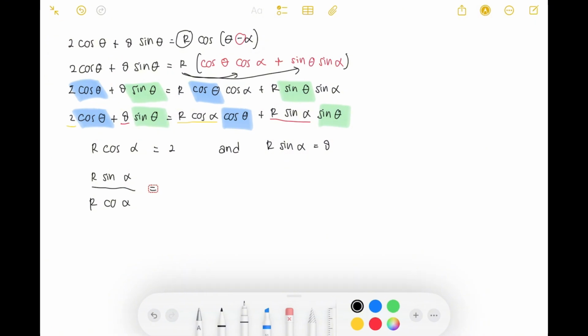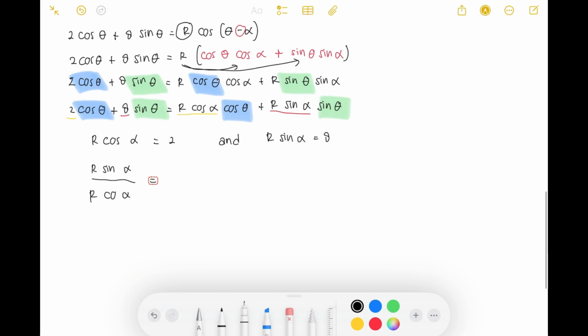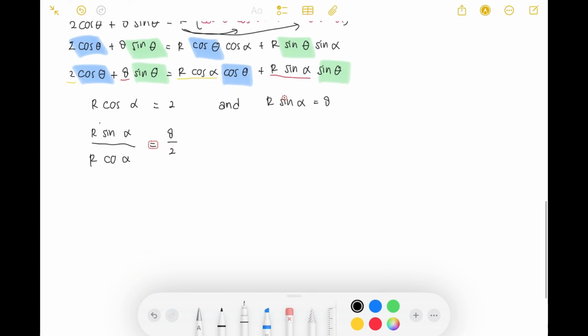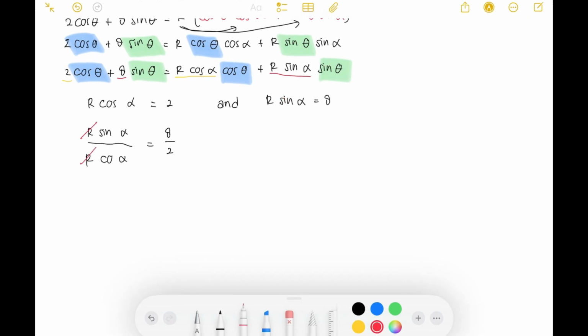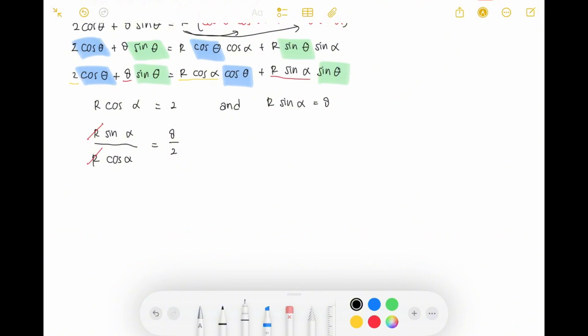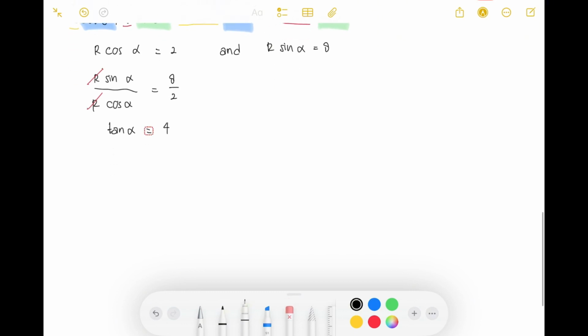Okay, here will be 8 over 2, and here this r will be cancelled, remaining sine alpha over cos alpha. This is tangent alpha, so tangent alpha is actually 8 over 2. What is 8 over 2? Yes, that is 4.